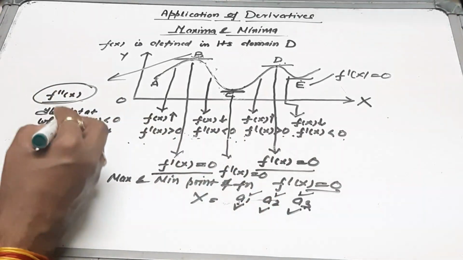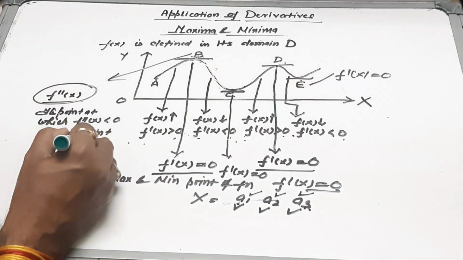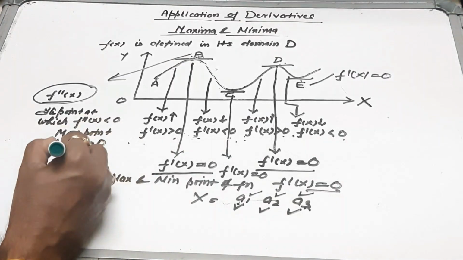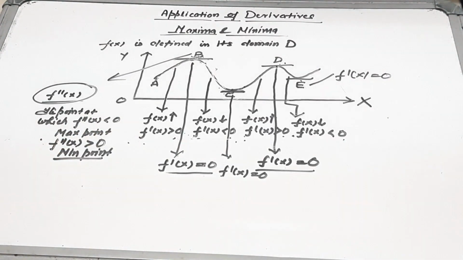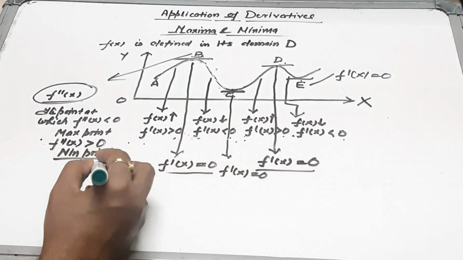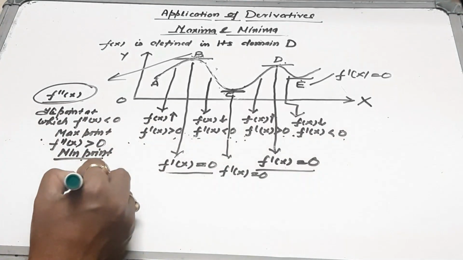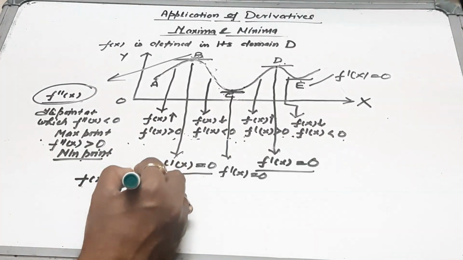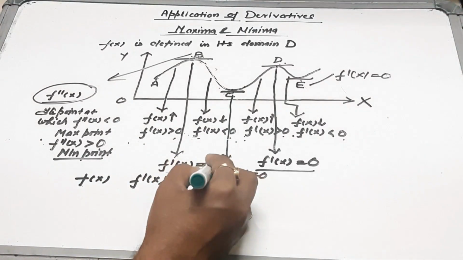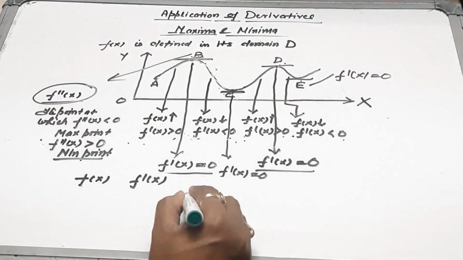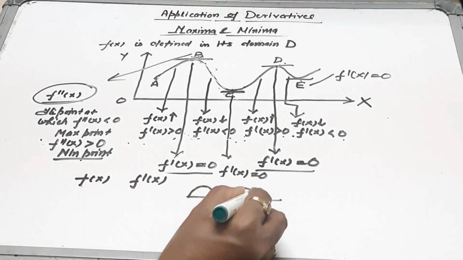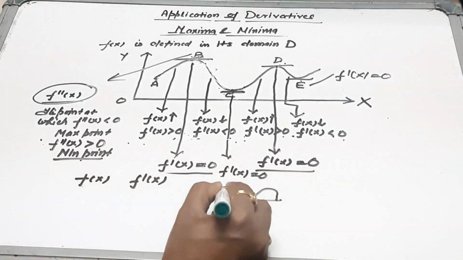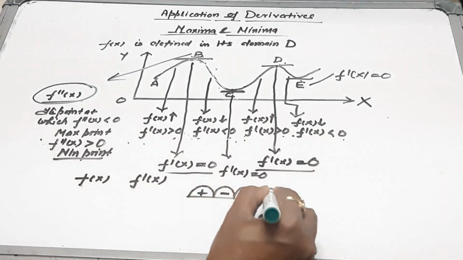The point at which f double dash x is greater than 0 is a minima point. Now in the second method, f(x) is a function, you find f dash x and then draw the different intervals at which this function alters its sign.